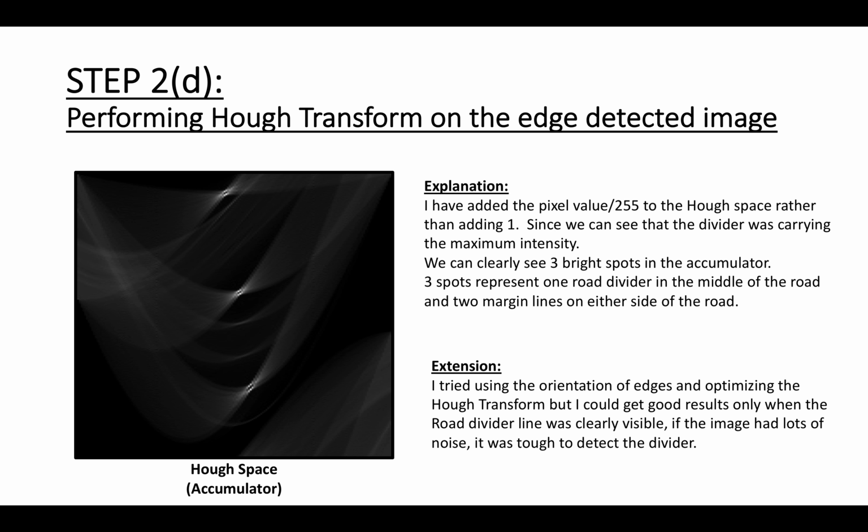We can see that there are three bright pairs of spots, one representing the middle road divider and the other two representing the margin lines. I tried to optimize the Hough transform by using the orientation of edges, but I could not get great results when there was lots of noise in the video. I tried to create a video with lots of noise by adding Gaussian noise to the original video.